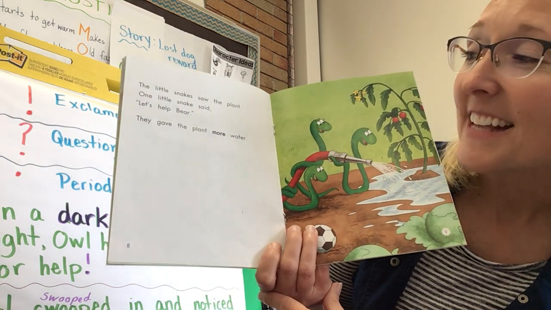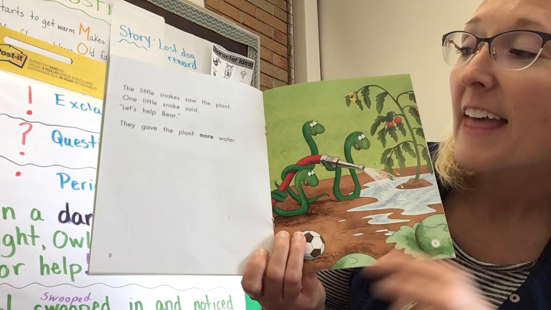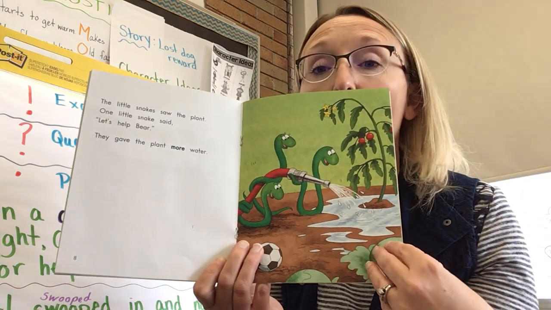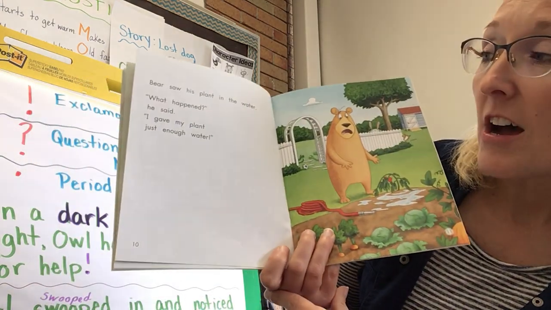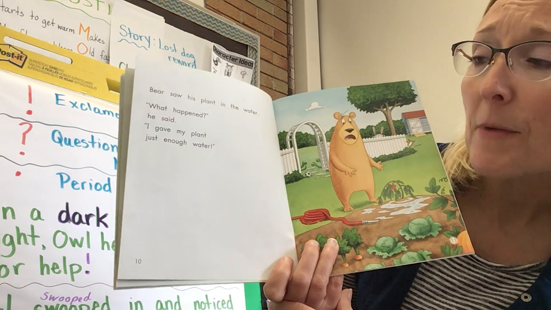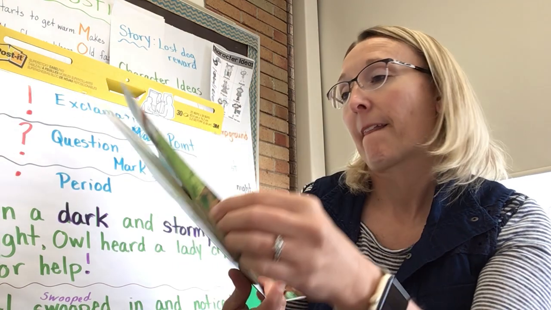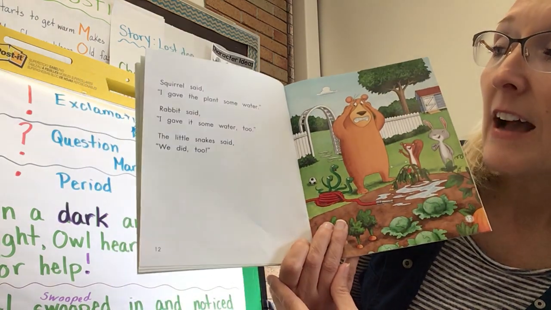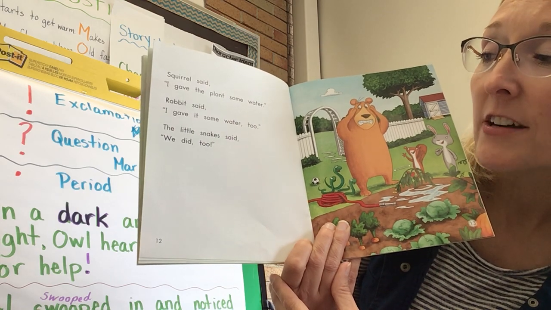The little snake saw the plant. One little snake said, "Let's help Bear." They gave the plant more water. Uh-oh, look at the plant. It doesn't look like it's doing so well, does it? Bear saw his plant in the water. "What happened?" he said. "I gave my plant just enough water." Squirrel said, "I gave the plant some water." Rabbit said, "I gave it some water too."